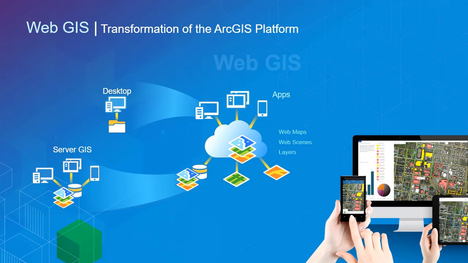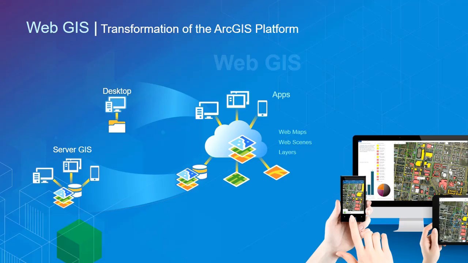How many of you in the past have used things like the Flex Viewer, the Silverlight Viewer, or maybe even created your own custom applications on top? I would expect more or less the same people. Now, by now, you're all tired of raising your hand. Excellent. So Web GIS is not about going away from that model. It's about transforming that model into something new and hopefully more productive.